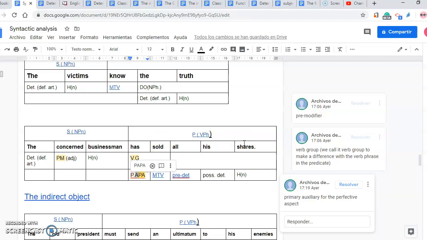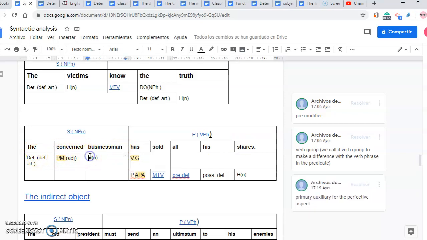You know, shares are acciones. The concerned businessman. This is a noun phrase. The head is businessman. That is the function. The category, it is a noun. But we've got two words before. What are they?